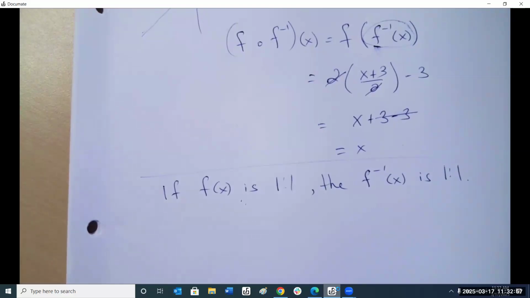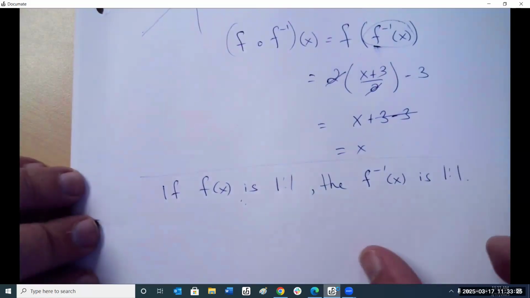It passes the horizontal and vertical line tests. Yeah, the graphs are simply, you just reverse the x and y. We just talked about that. Here are some examples.